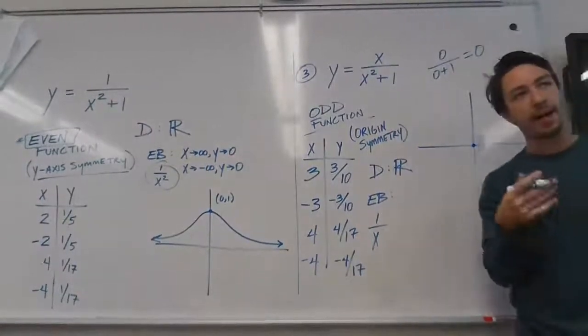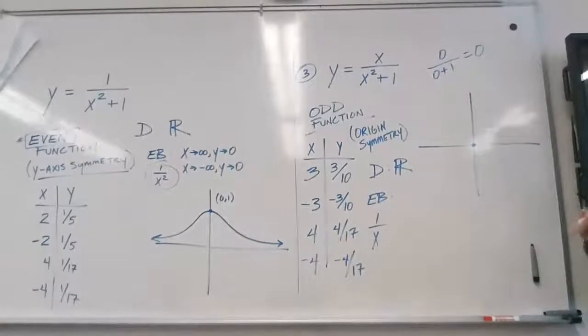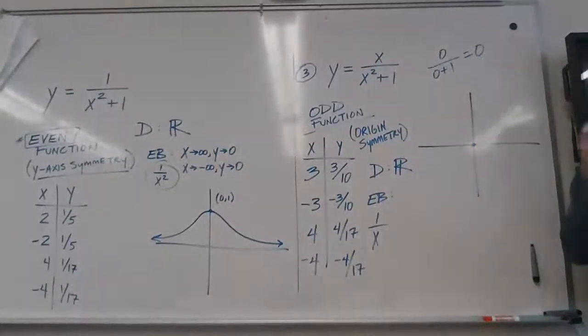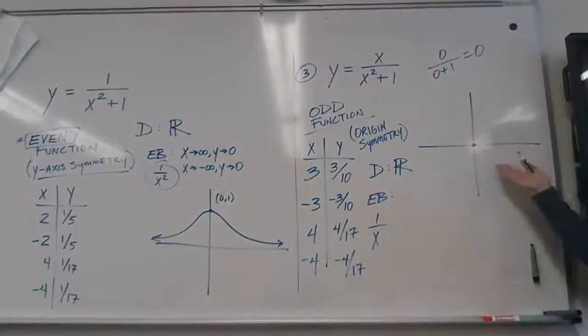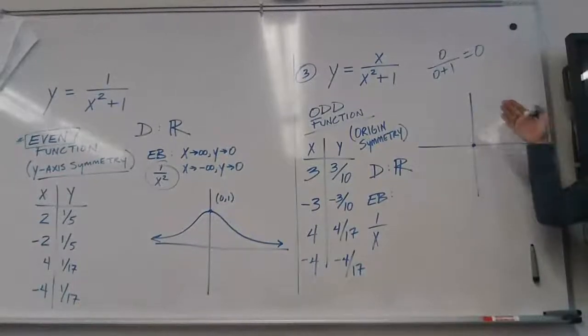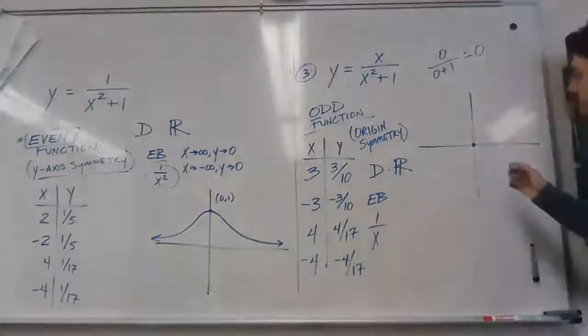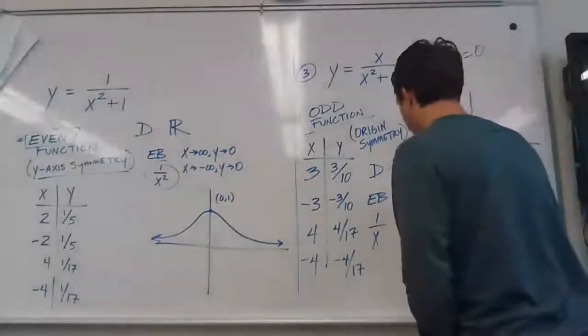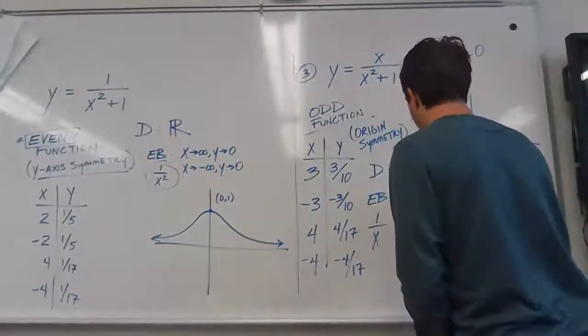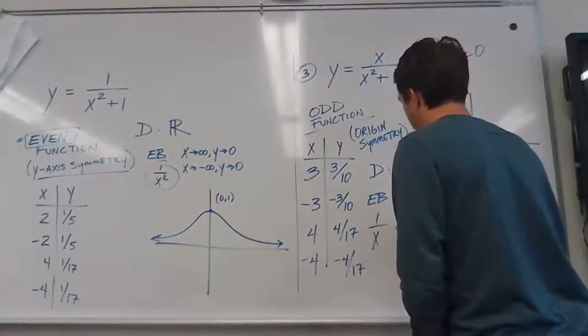If you think about it, if an odd function has a y-intercept, it would have to be the origin. Otherwise, how is it going to be symmetrical about the origin? It's not really going to work out. Anyway, as x approaches infinity, y approaches 0, same thing on the left.